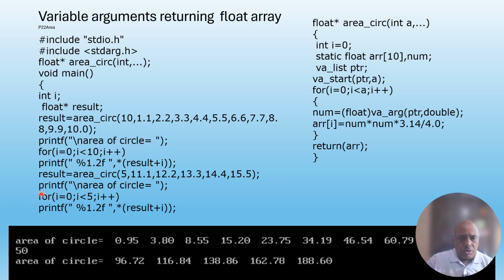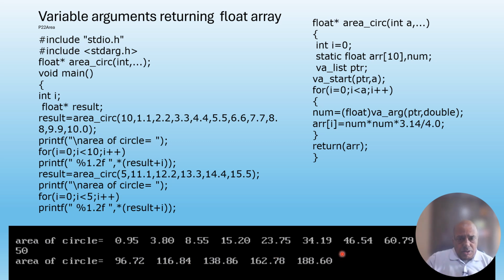In the second call, I am sending 11.1, 12.2, etc., which are the diameters of the circles for which I want to evaluate the area. So in the first call I get these 10 values as returned by the function, which are actually the areas of the circles.